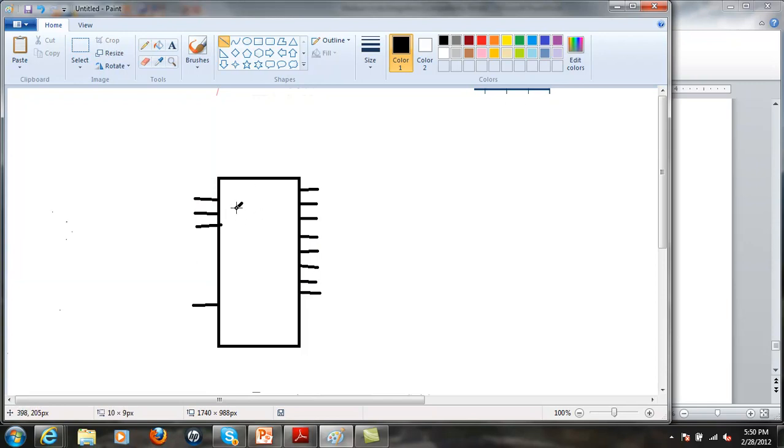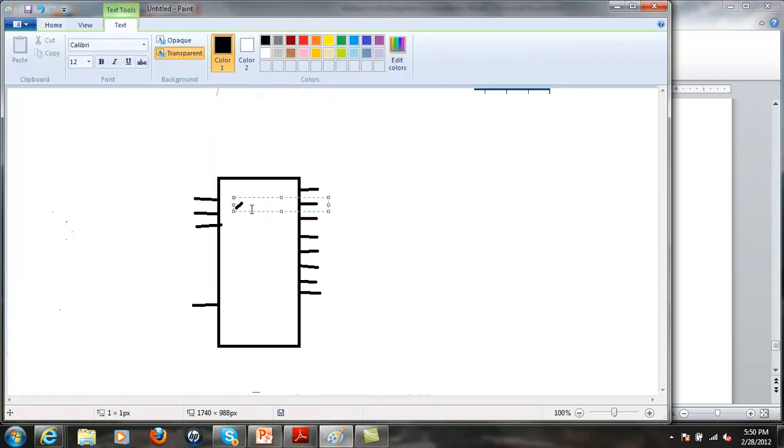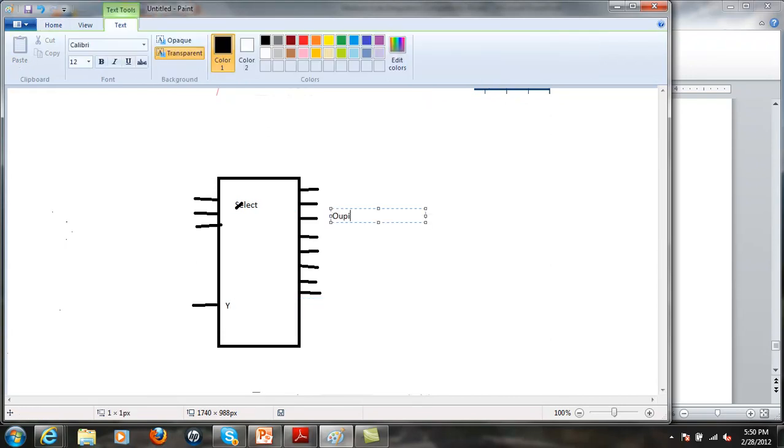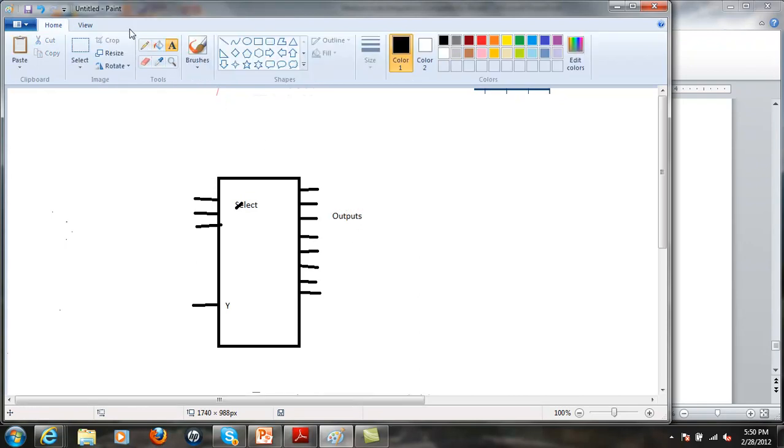So these are my select. This is my Y input, and these are my outputs. So if I were to select, for example, a 0, 1, 0 here, that's the number 2. That means that input will go to that output.